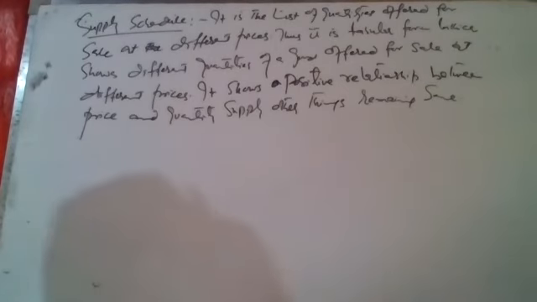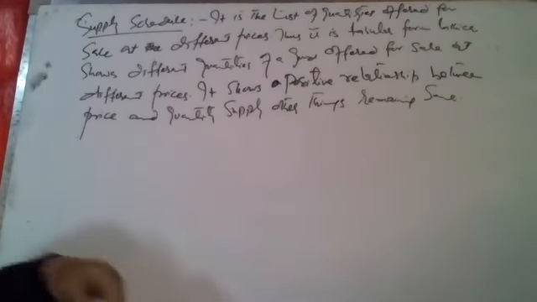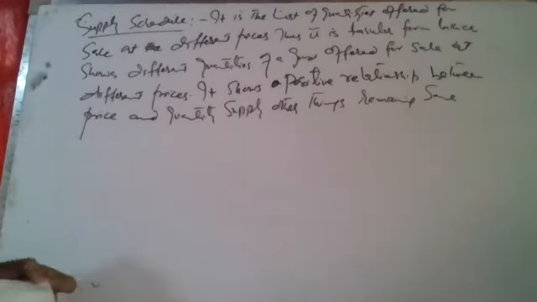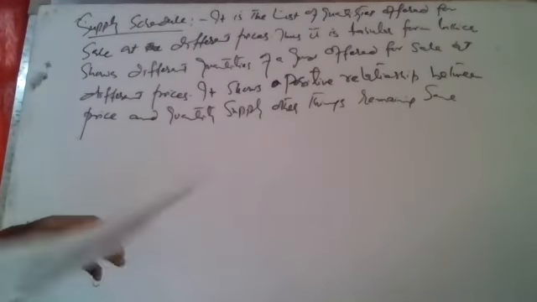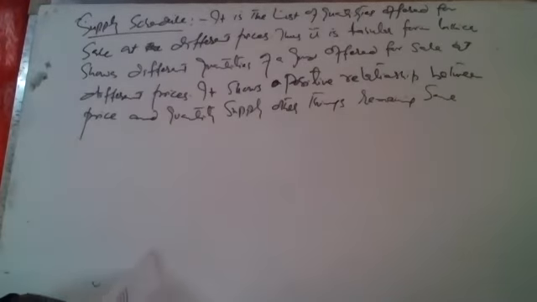That means when price increases, the supply also increases. When price decreases, the supply also decreases. Schedule means table. This supply schedule shows different quantities of a good offered for sale at different prices.